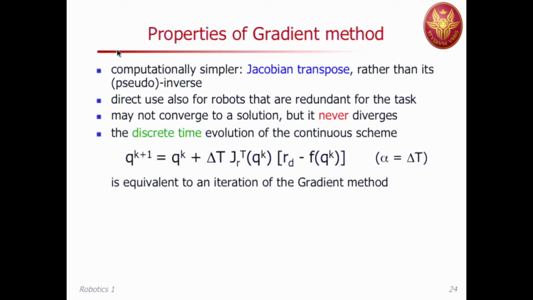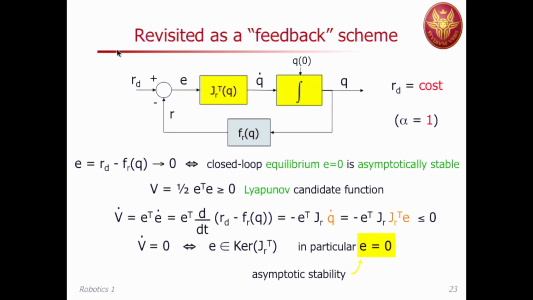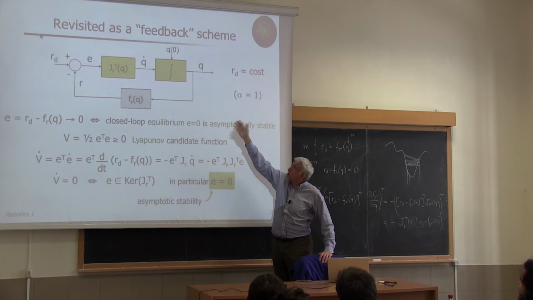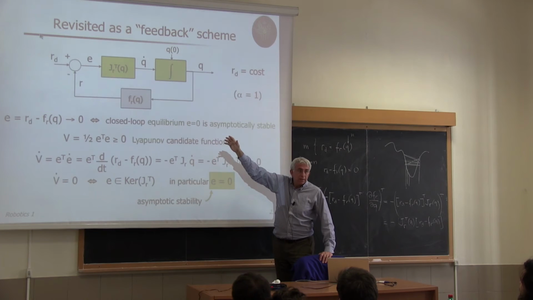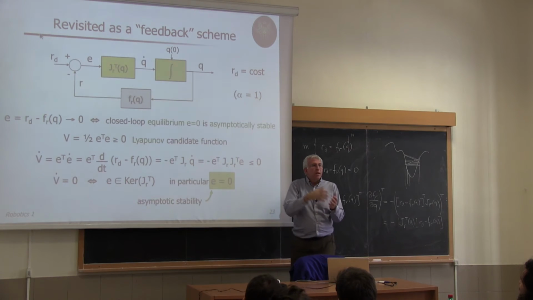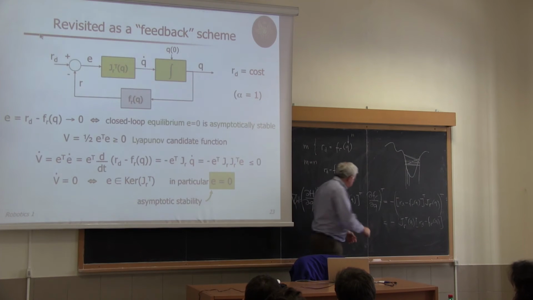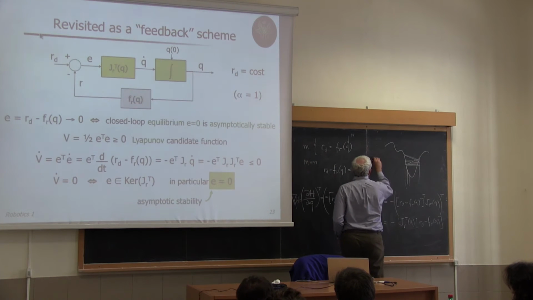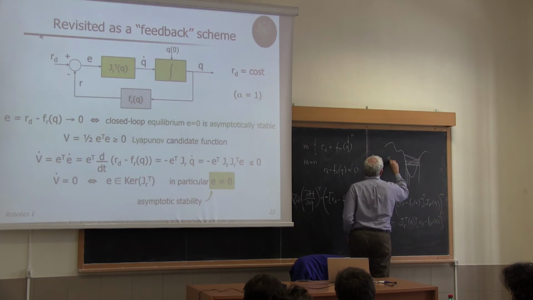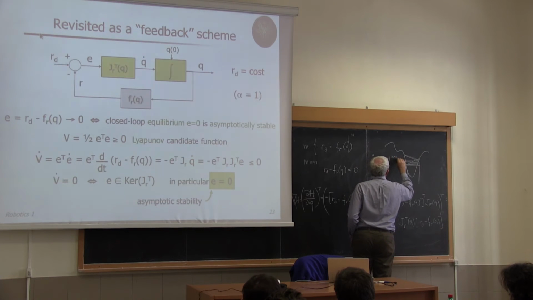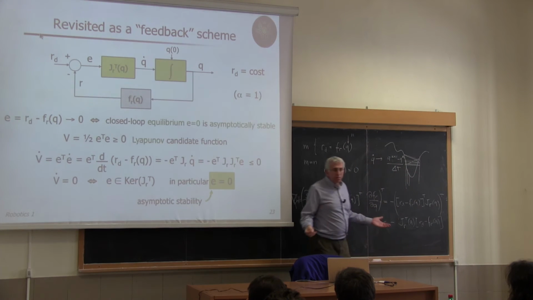Now, the previous continuous time analysis, if you go back to this block diagram, and you see what Q dot is doing: Q dot is J transpose of E. Now, suppose that you want to implement a discrete time version of this, which means that you replace Q dot with Q k plus 1 minus Q k divided by delta t, an approximation of velocity.